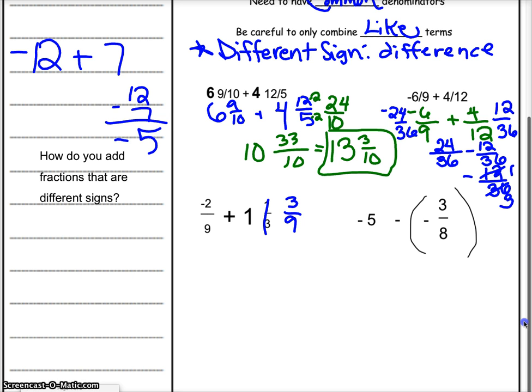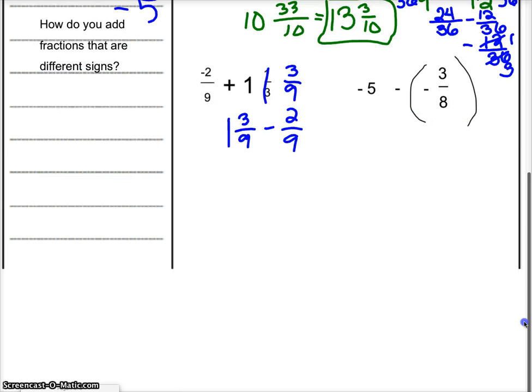So I'm going to go the bigger absolute value, which is 1 3/9, subtract 2/9. I don't even look at the sign. I just subtract the absolute values. 3 minus 2 is what? 1. 3 minus 2 is 1 over 9. 1 minus no wholes is 1. Is it going to be positive or negative? Positive, because the positive was further away.